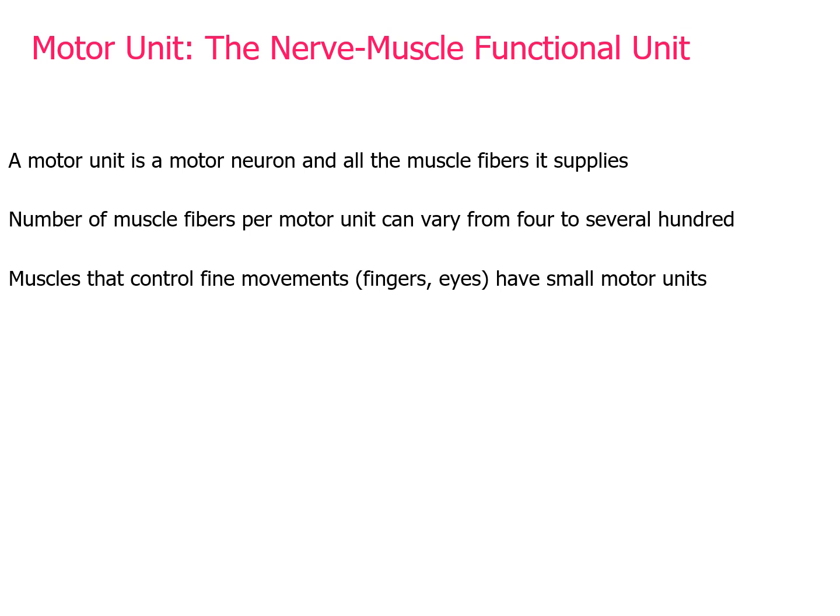Those muscles that control very fine movements like the tongue, the lips, the fingers, the eyes have small motor units, whereas muscles that are involved in more cruder kinds of contractions like your thigh muscle in your legs have many more muscle fibers associated with each motor unit.